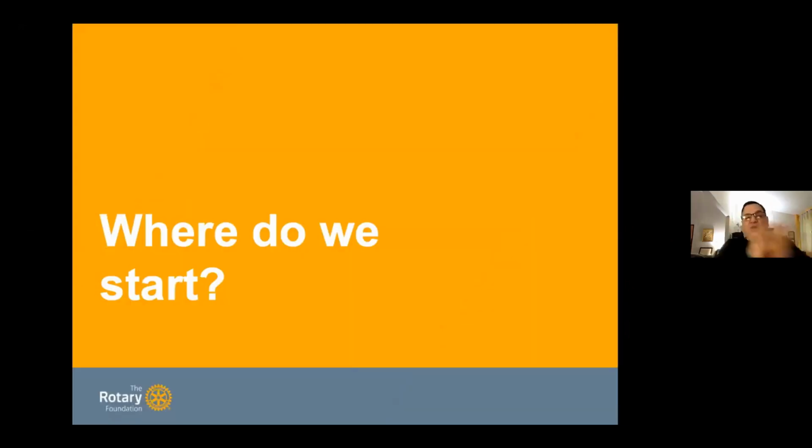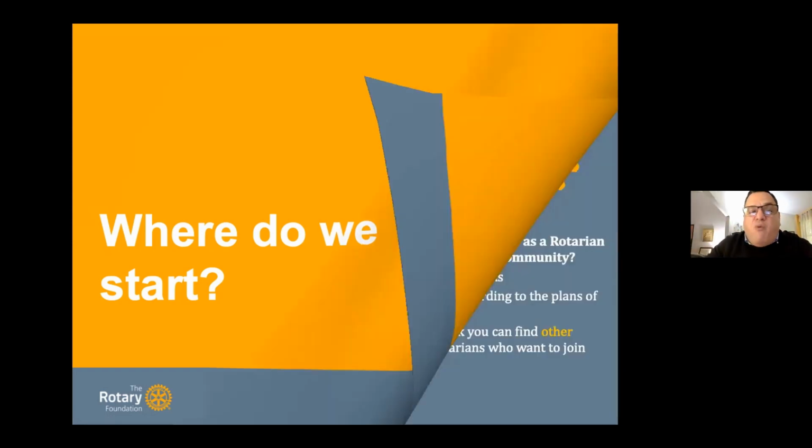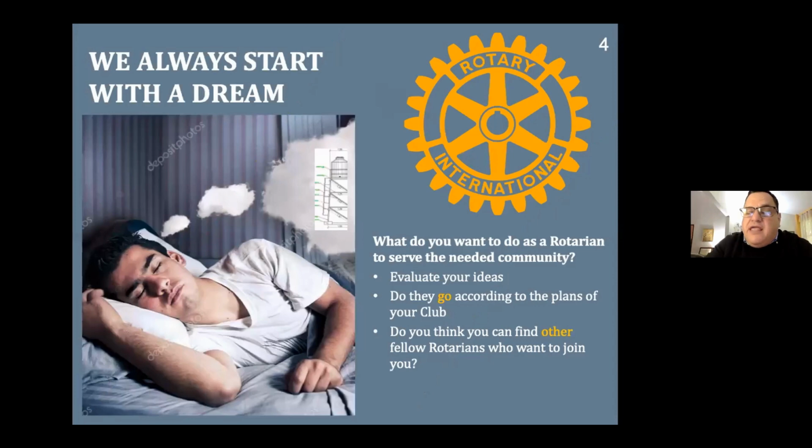Well, where do we start? Like any other Rotarian around the world, we like to serve our community. So the first thing is that we start dreaming of what we want to do. And in those dreams, we come up with all kinds of ideas. Well, that's a good thing.